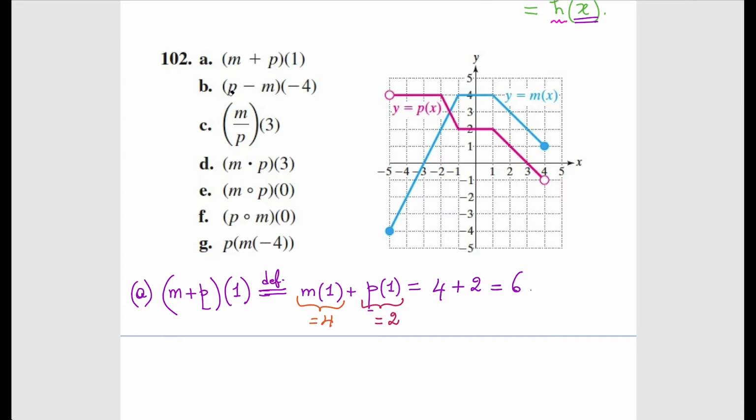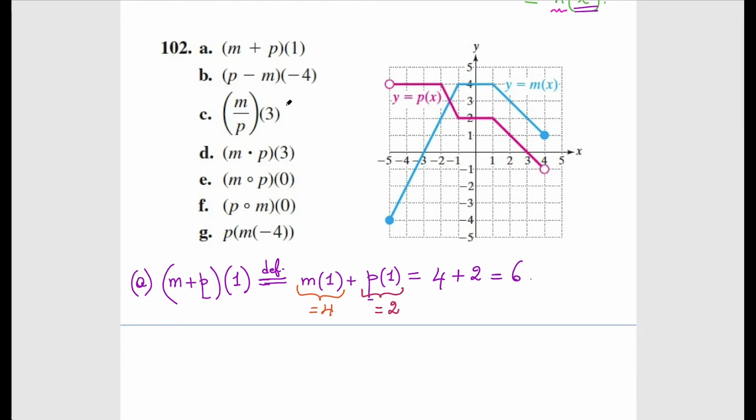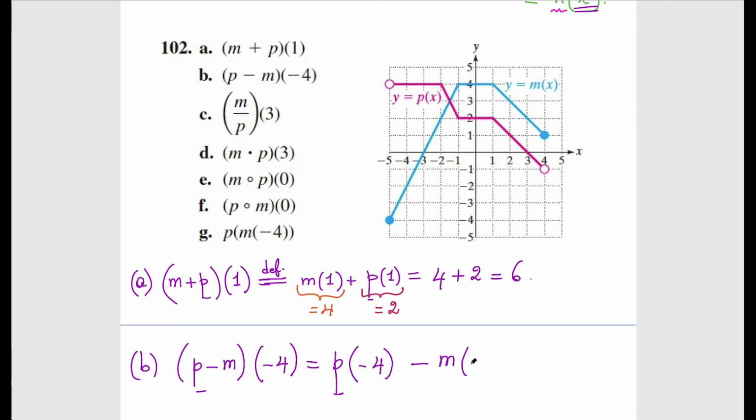Next, part B. P minus m acting at -4. Let me change the color. How does the difference function operate at a point? You just take the difference of the respective outputs. So p of -4 minus m of -4, right?